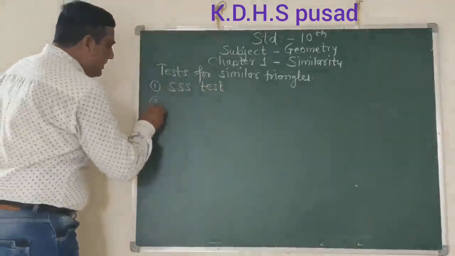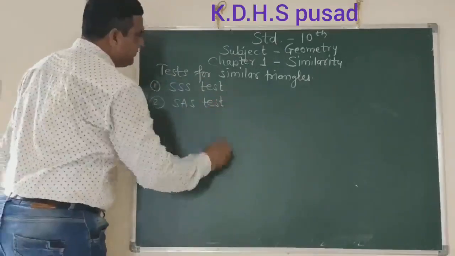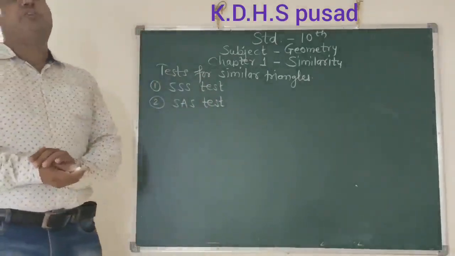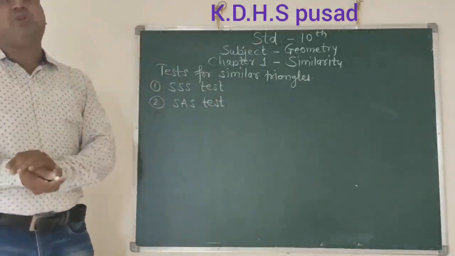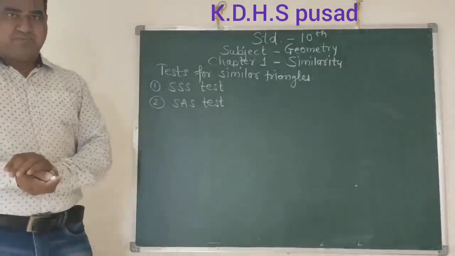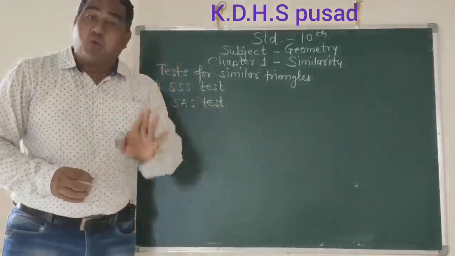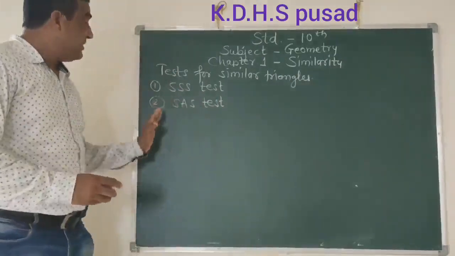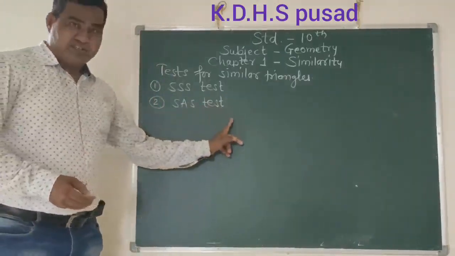Then you have studied the second test, that is the SAS test. When two sides of a triangle are in proportion with corresponding two sides of another triangle and the angle included by these two sides are congruent, then these two triangles are similar by SAS test.